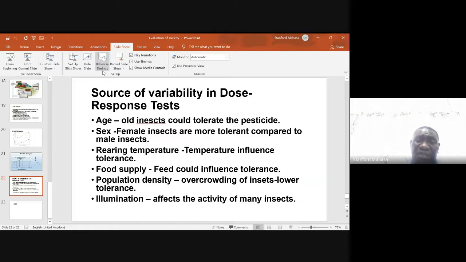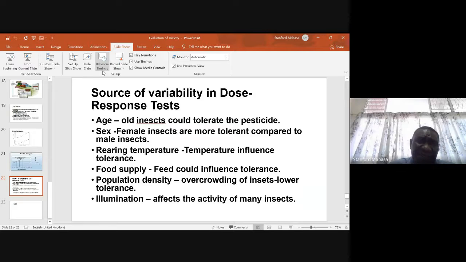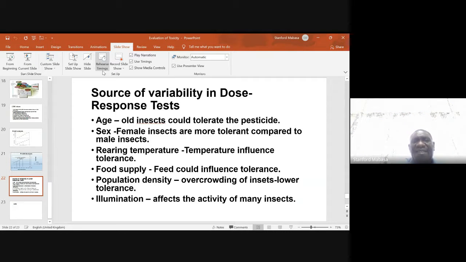And in order to get information of LD50s, we are actually using rats, mice, dogs, and guinea pigs for these studies.